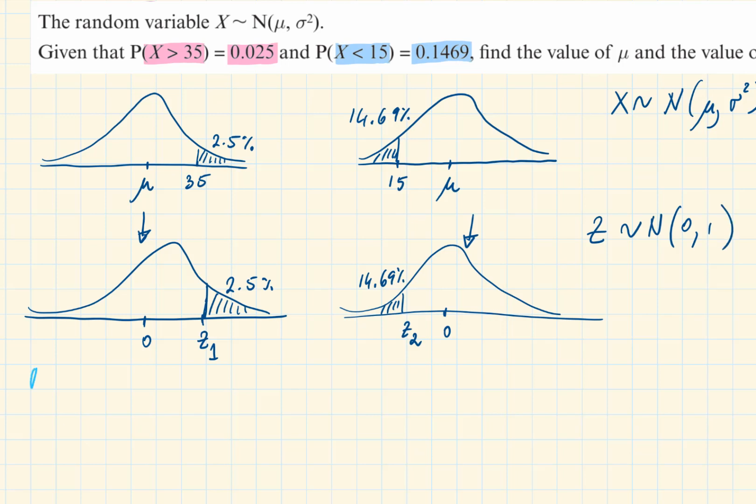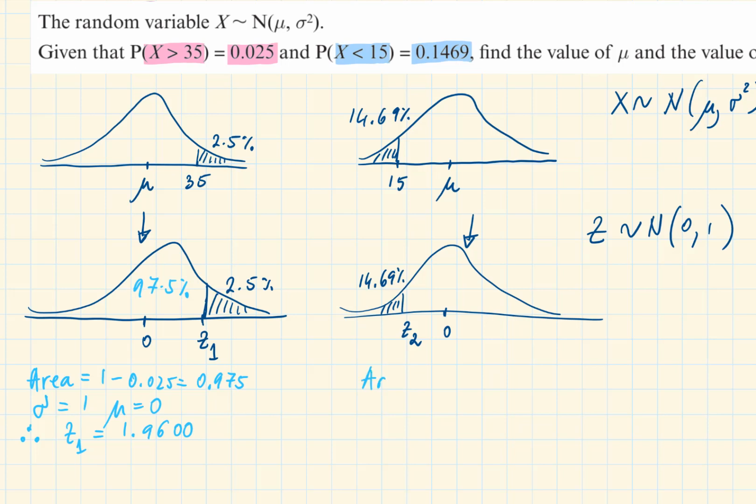On our calculator, we type in area being 1 minus 2.5% to work out the area on the left-hand side. So the area on the left-hand side is 97.5%. Sigma is 1, mu is 0. Press equal, 1.9600 to 4 decimal places.